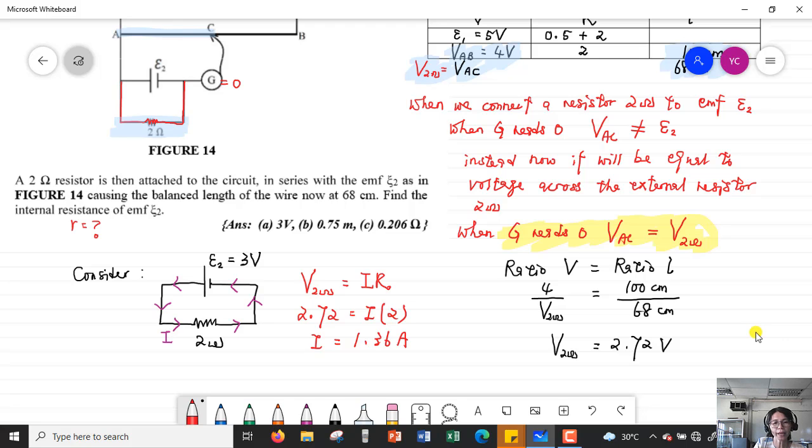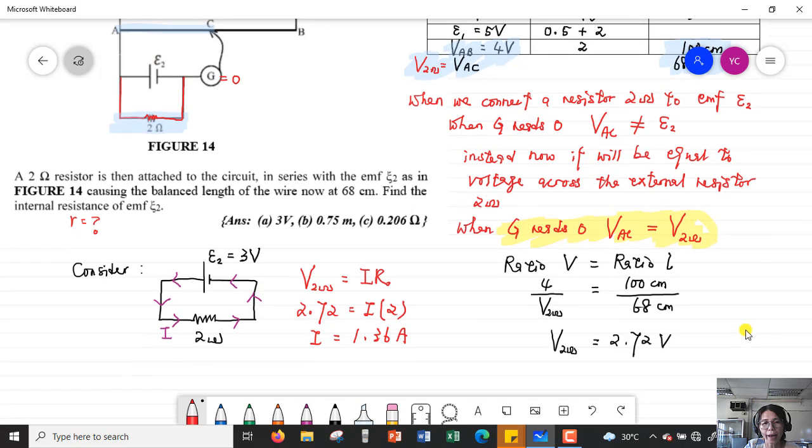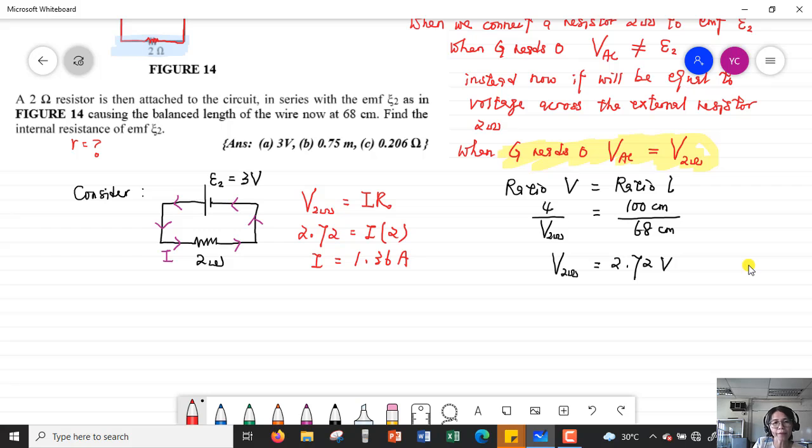Okay, so after we get the current, we can relate it with the external resistor and the EMF in order to find the internal resistance. We have the formula for the EMF of the battery: the current multiplied by the external resistance plus internal resistance.